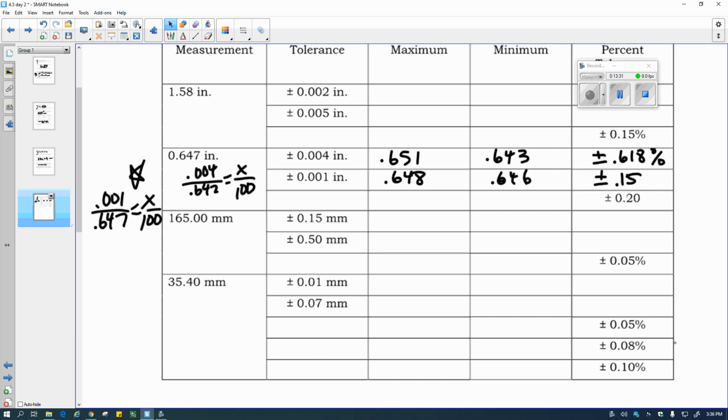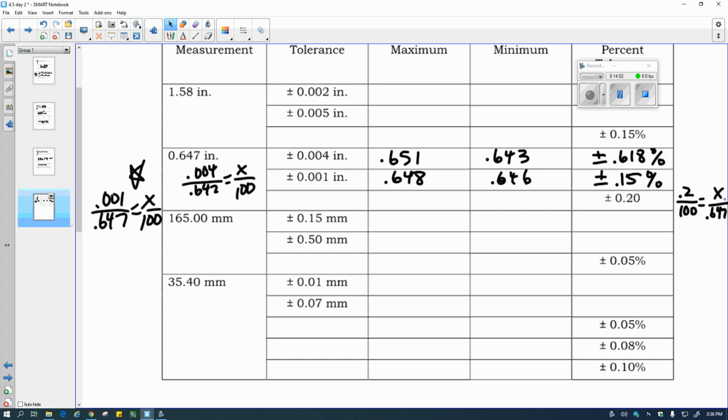Well, now on this last one, they're going to give me the percent, so it's plus or minus 0.2%. So what I need to do is go in the other direction. So 0.2 out of 100 is what piece of 0.647. So now I have the percent. My cross multiplying is going to give me that plus or minus value that I'll add and subtract.